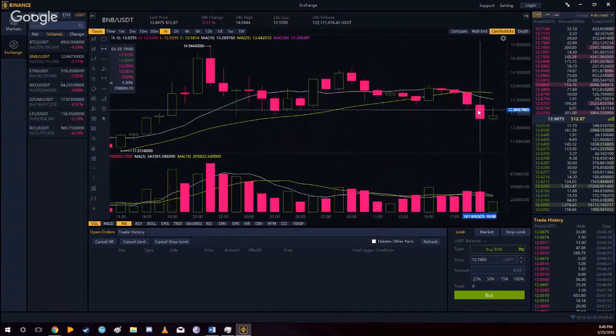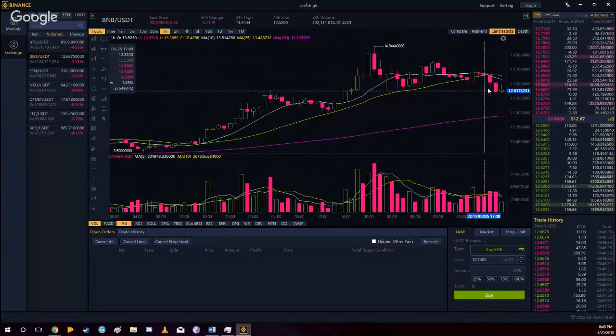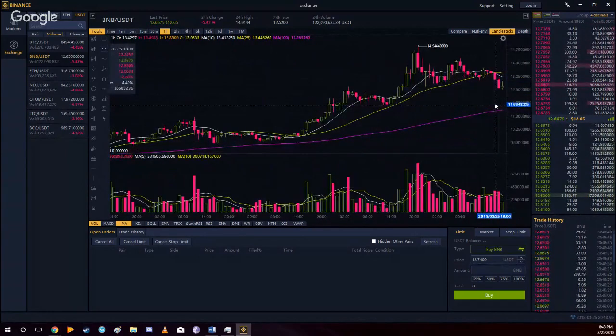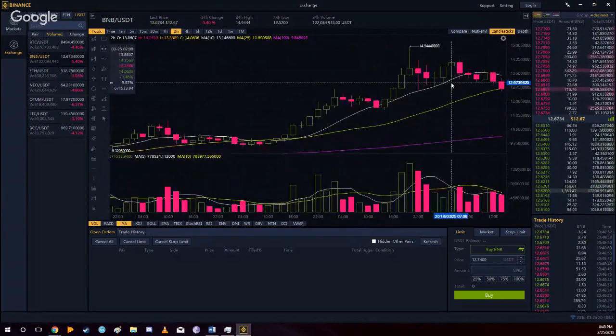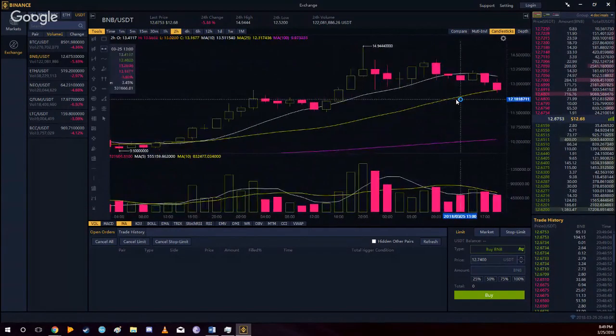This might have looked like a free fall area right here, but it is actually a support on the long term, on the 12-hour candles. And all I had to do was just shift through the candle frames, and I saw that support.